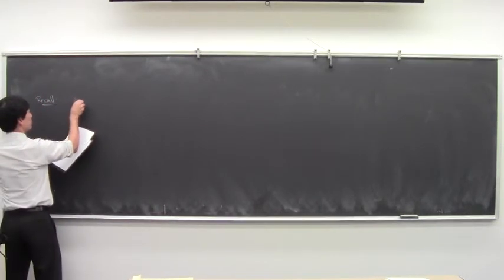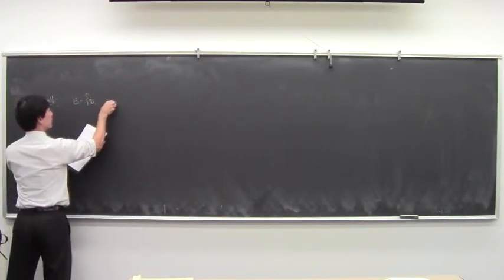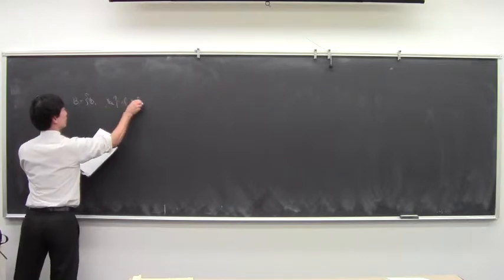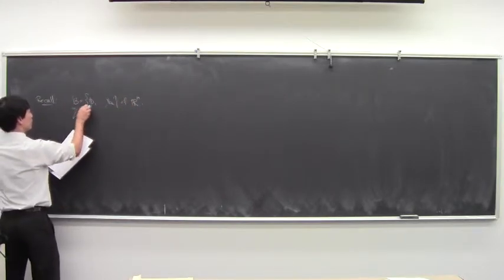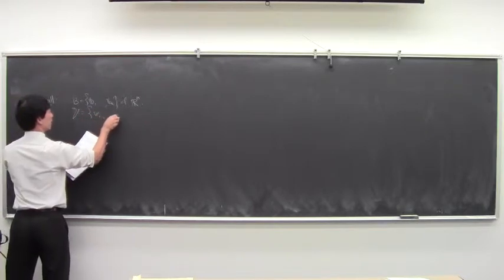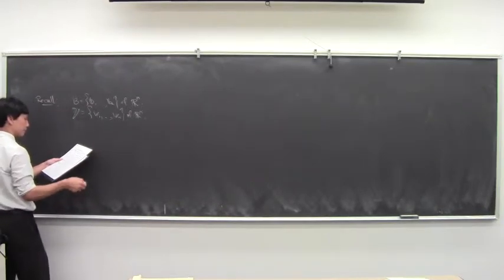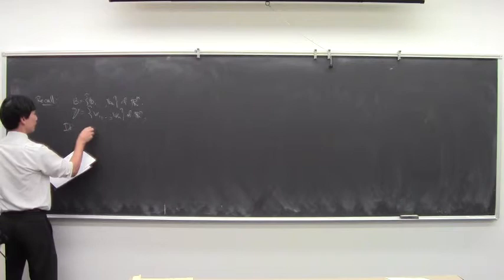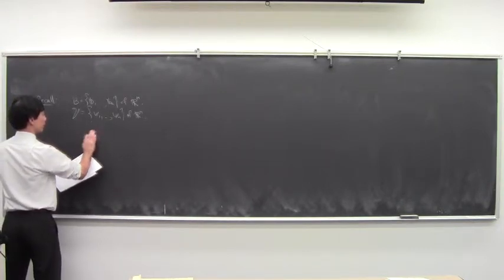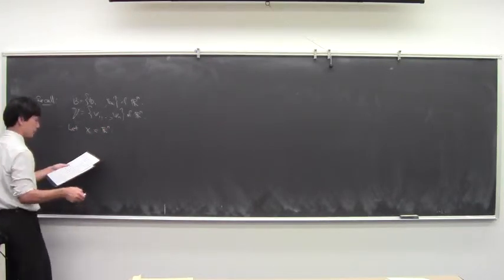You have some basis B1 to Bn, and you have another basis V1 to Vn, also of Rn. Let x be in Rn, some vector.